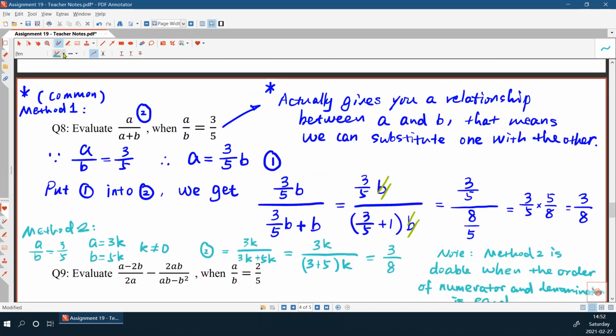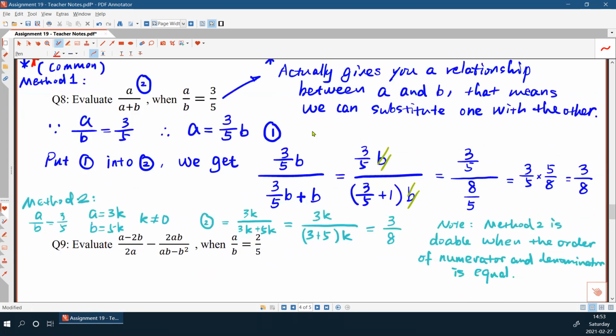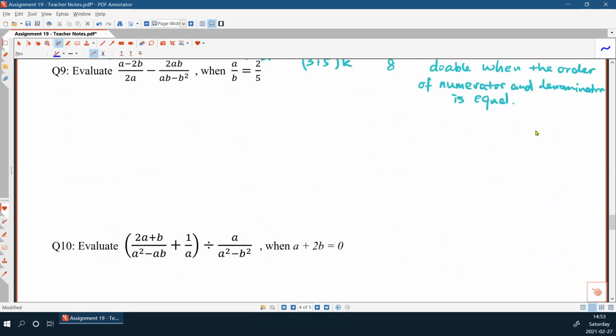Okay, so always try to use the first method because it's more universal. Any questions? If you have no questions, let's have a look at question 9. The logic is very similar to what we used in question 8.